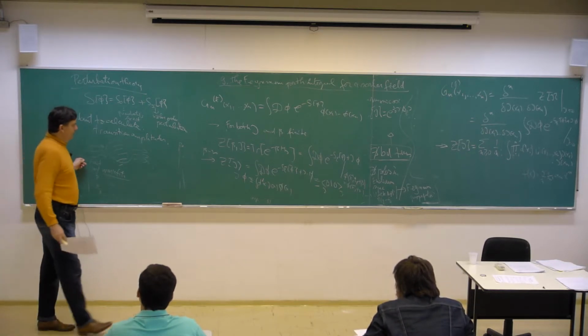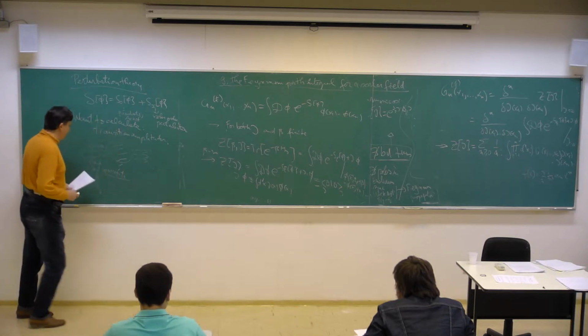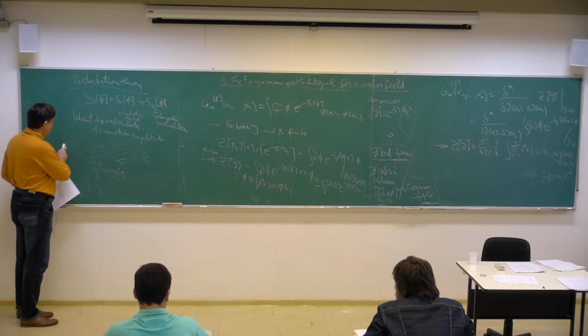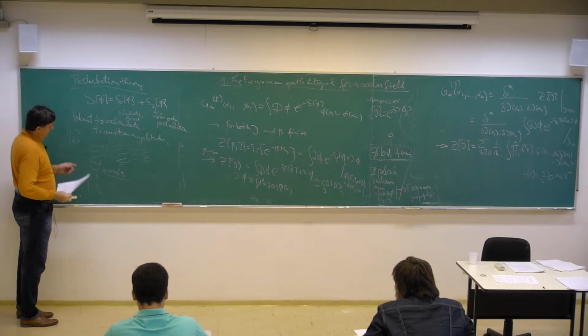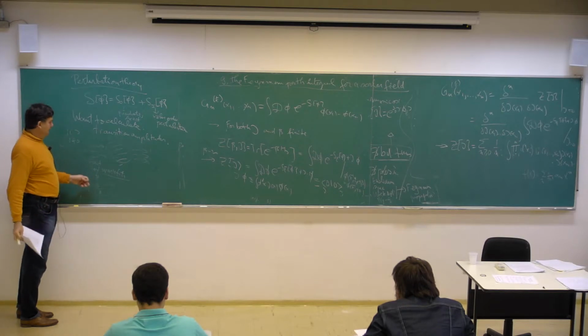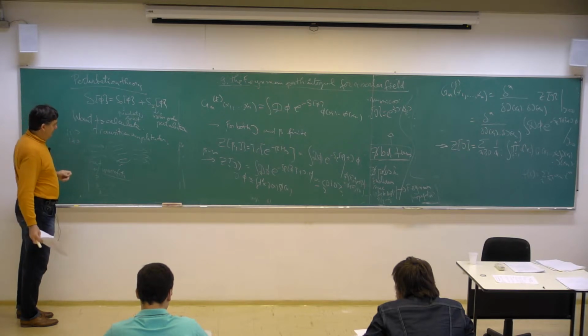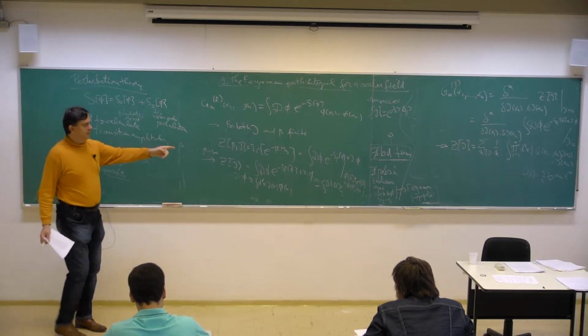However, as we saw, in this case the asymptotic states, the initial and final states, would correspond to states where we have a vacuum, and on top of the vacuum we have some particles with given momentum. Right? So that's somewhat different from what we did.